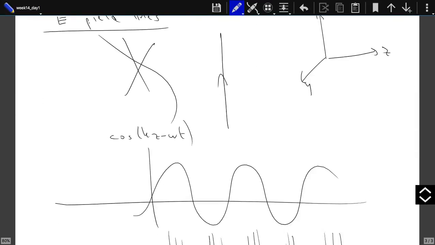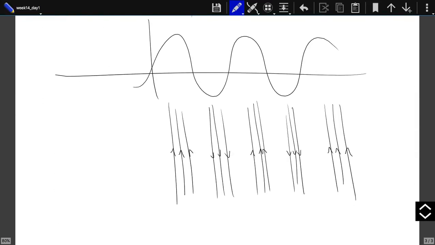And in this volume, this is how the electric field lines look. You see, they alternate their direction because the cosine term above is just positive, negative. So here it is pointing in the plus x direction, here in the minus x direction, plus x direction, minus x direction, etc. That is why these field lines are alternating their directions.